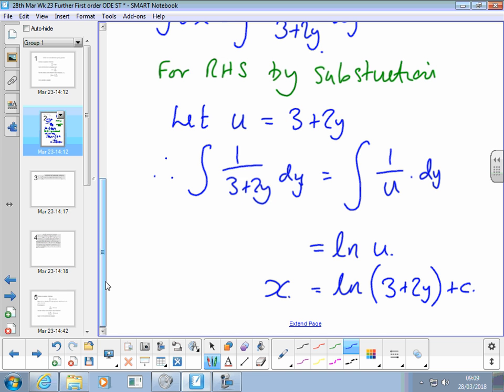So the solving of differential equations is going to involve you using the various methods of integration that we've learned earlier in the module. Yeah, by parts, by substitution, by partial fractions maybe.